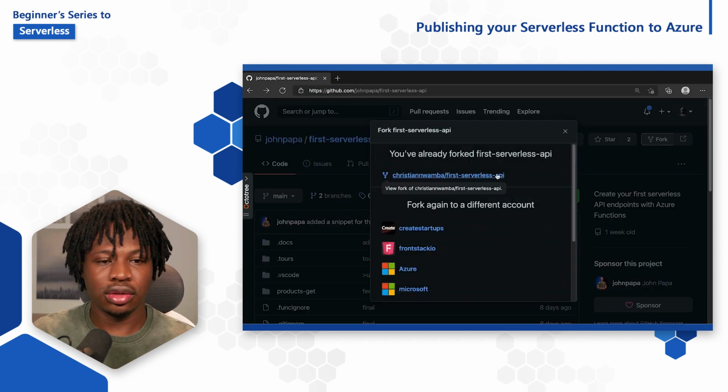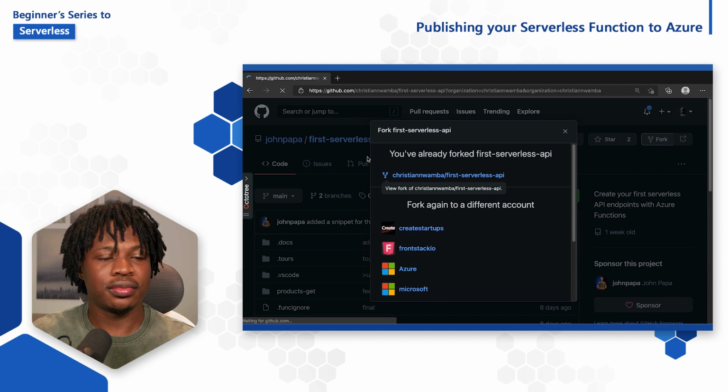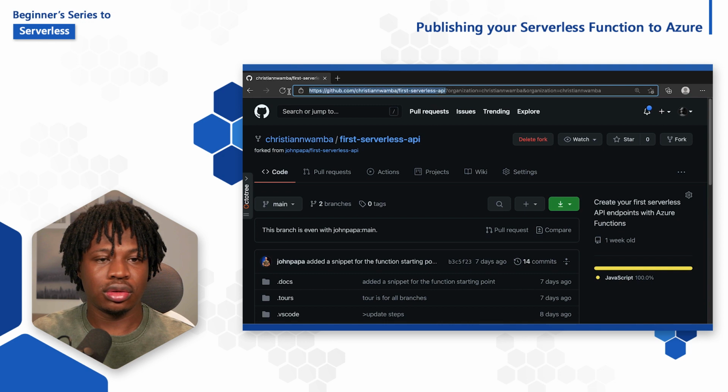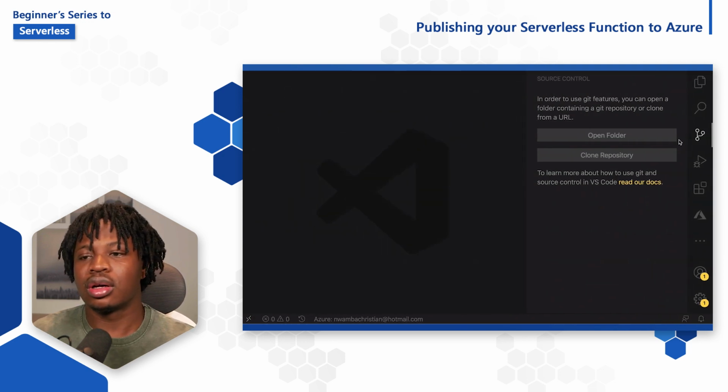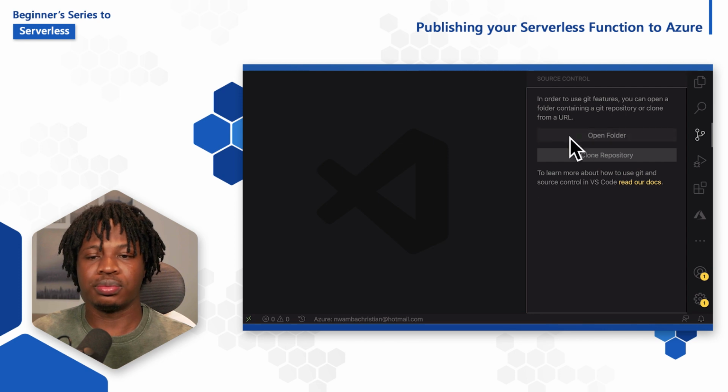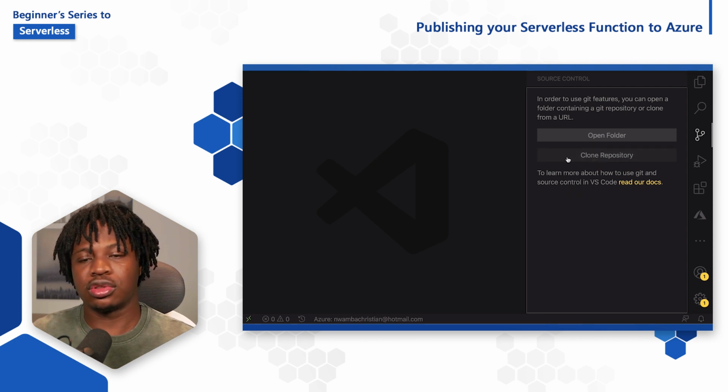I already did that. I will just click on the link, and then I'm going to copy the repository, head back to Visual Studio Code, and click on this Git tab, this source control tab, which shows us these options to either open a folder or clone a repository.